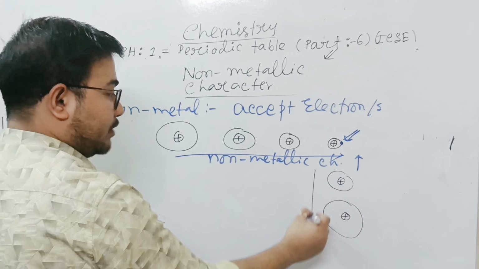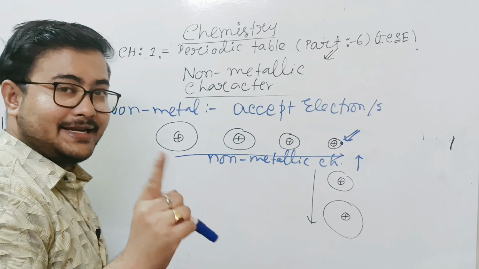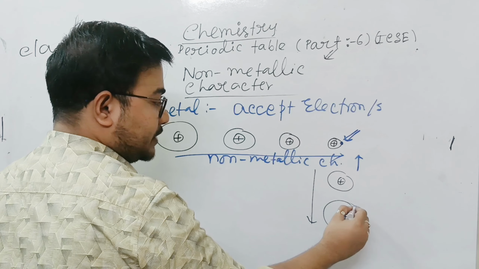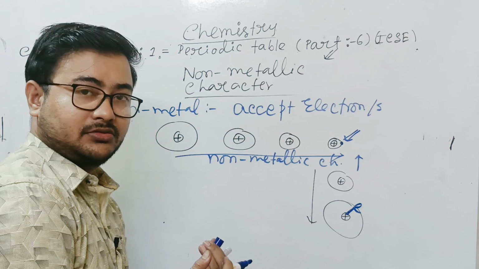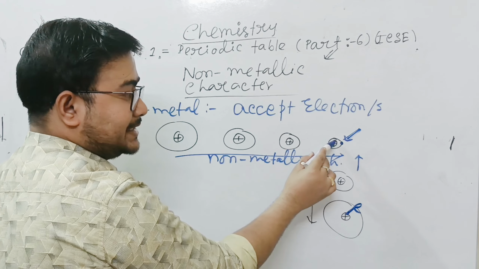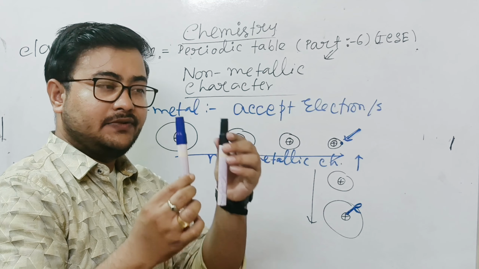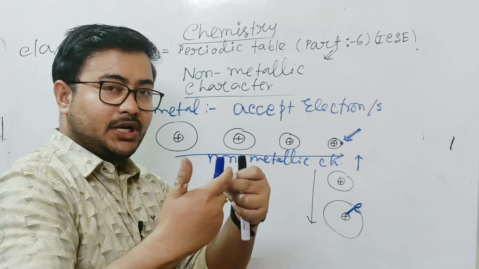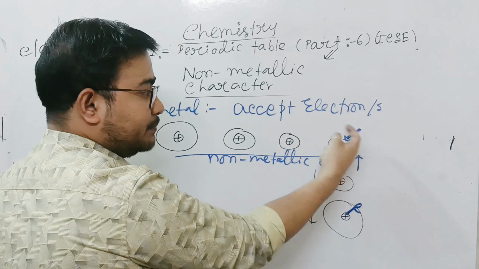Again, as we move downwards, radius increases. So since the radius increases, distance also increases, so it cannot accept the electron. Here radius small, so it has a tendency, because since the distance is small, just like previous case, it is magnet, it is iron. If distance is small, so nucleus or magnet can pull the electron. Here radius is small, so it can pull the electron.